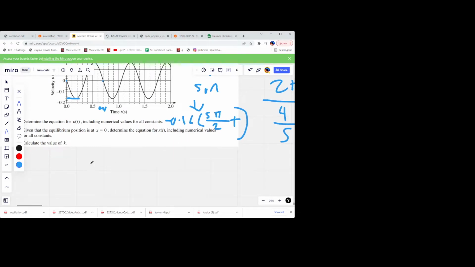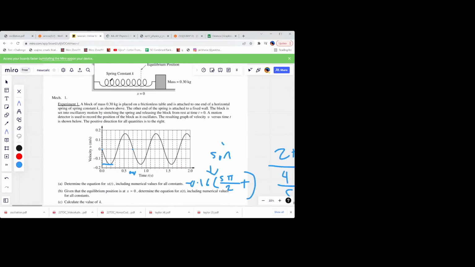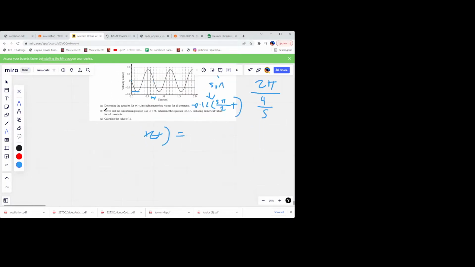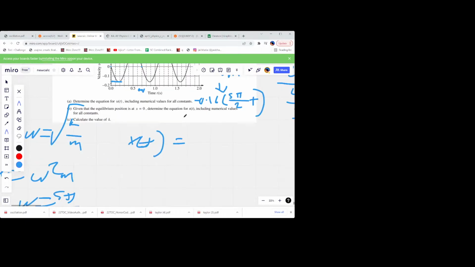So it's going to be x of t equals, also, do we have a mass? Okay, no, we do. So omega is equal to the square root of k over m, k is equal to m omega squared. Okay, that's part C, but here.